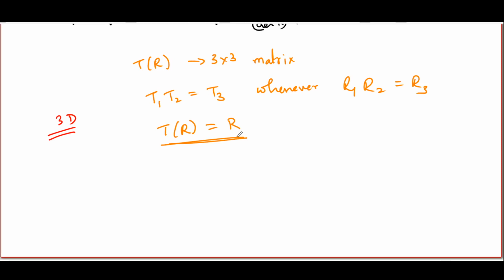Is this a surprise? Of course not, because this is nothing but what we have been calling vectors. The vector transformation rule exists because it is consistent with our basic demand that ultimately the transformation rule has to satisfy T of R1 R2 is T of R1 times T of R2, and T of R equals R definitely satisfies that.